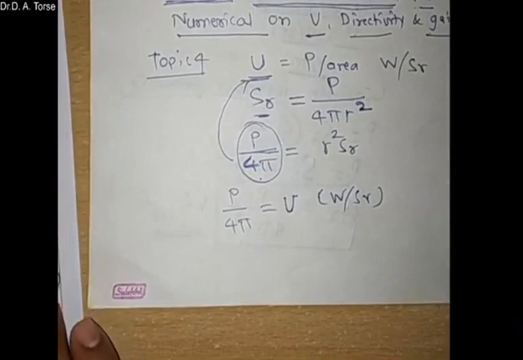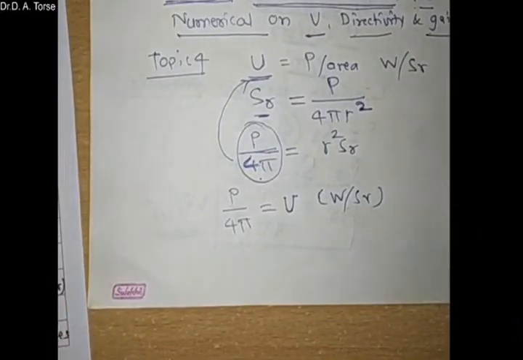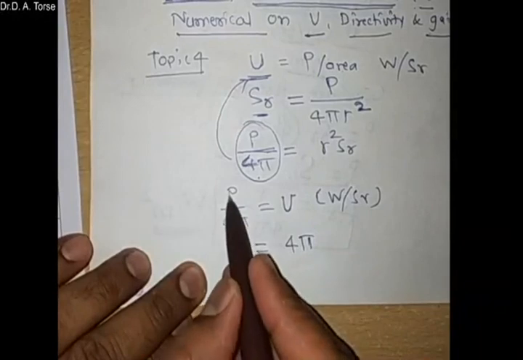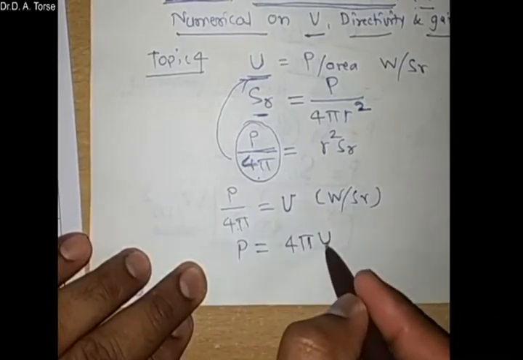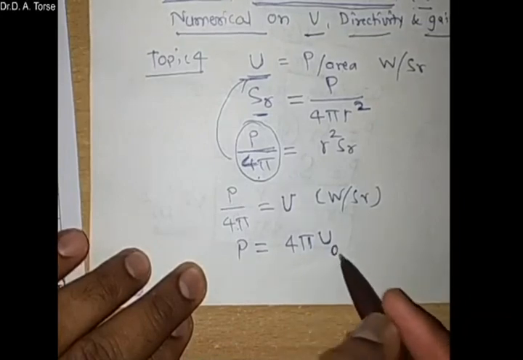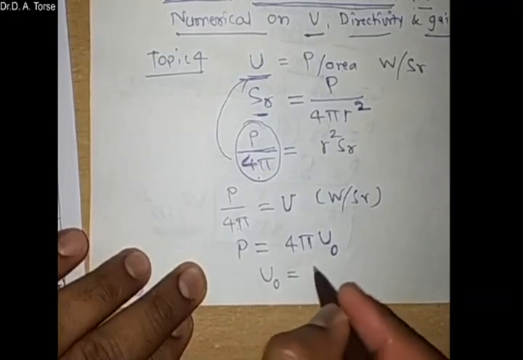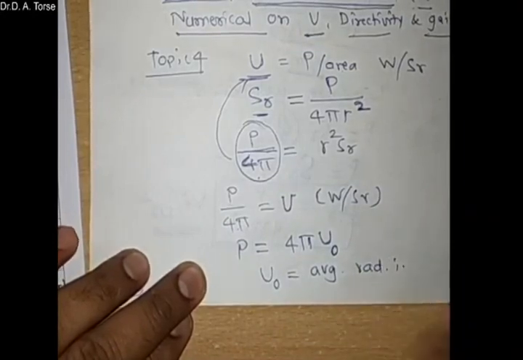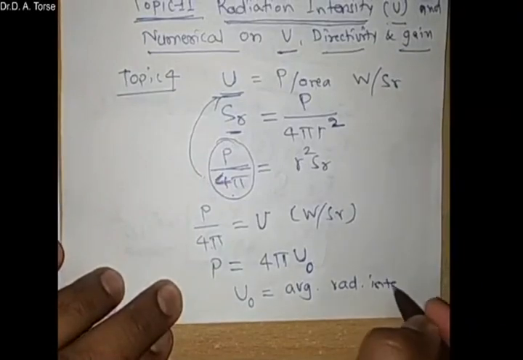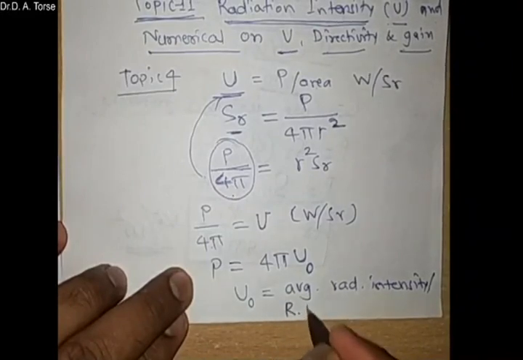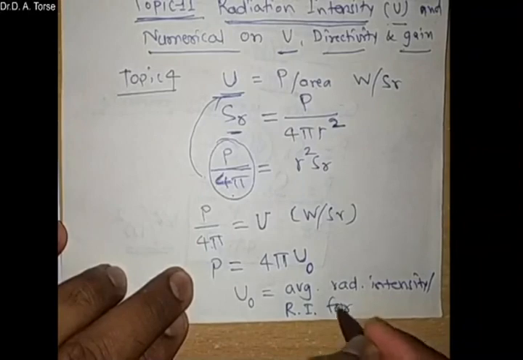Applying this concept to an isotropic antenna, we get P is equal to 4 pi into U. But since we are talking about an isotropic antenna, we can always mention it as average power U0, or average radiation intensity for isotropic source.